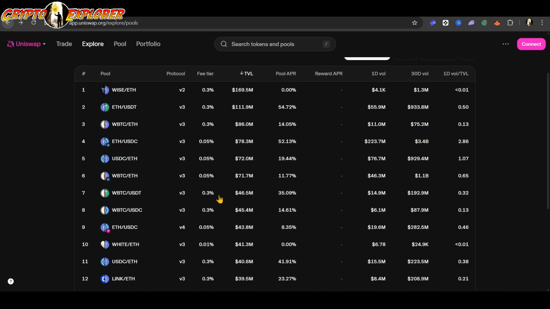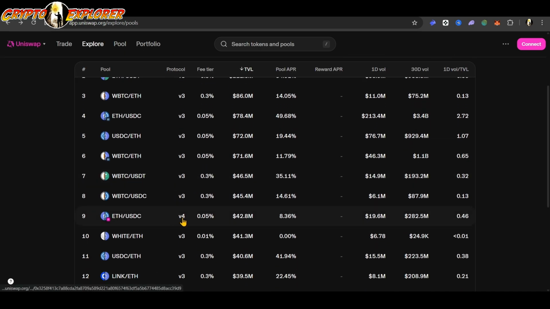So let me go back here to find a V4 pool. V4 is exactly the same thing as V3. The difference is that the fee tier here will be dynamic. So over time, depending on how much this pool is used, you will earn more or less in fees. The fee tier will automatically adjust. For example, right now we have a $42 million TVL and the past day volume was $20 million.